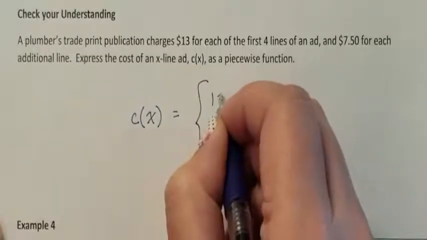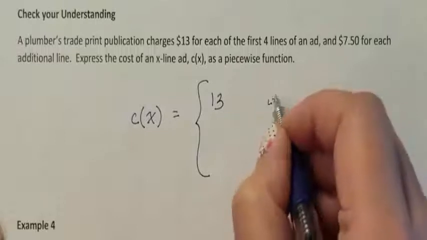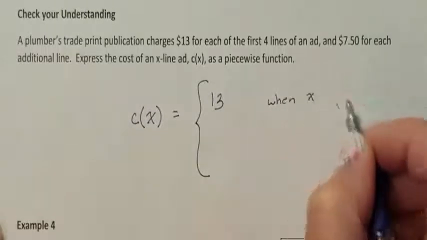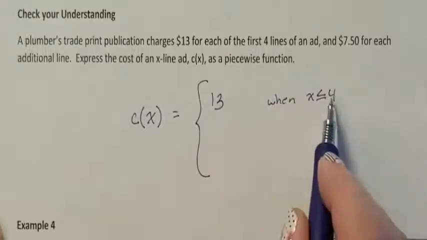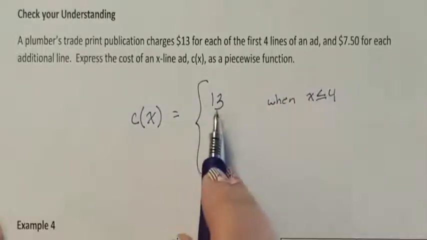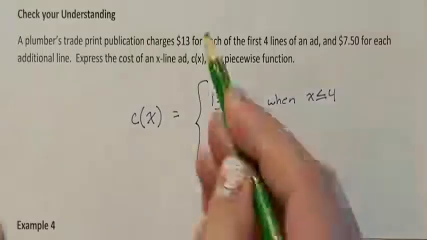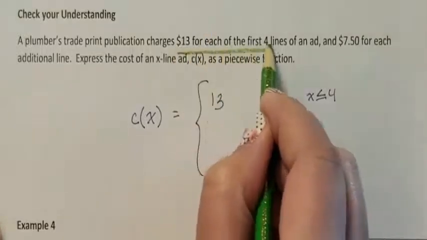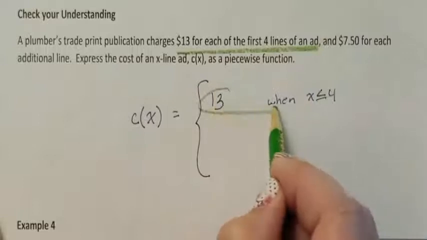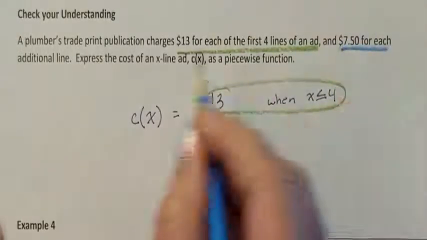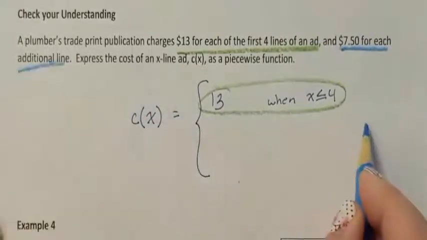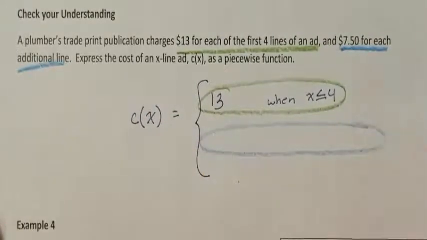I know that it's going to be a flat $13 when my lines are less than or equal to 4. If I have 4 or less lines, my cost will always be $13. So the fact that it's $13 for the first 4 lines is this piece of information right here. It says they will charge me $7.50 for each additional line. I need to put that explanation right here.